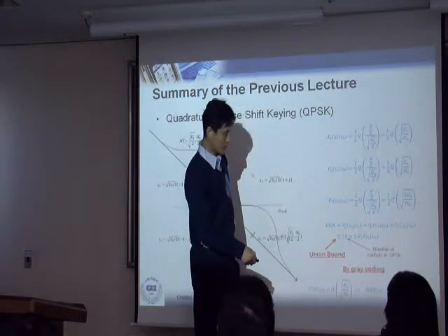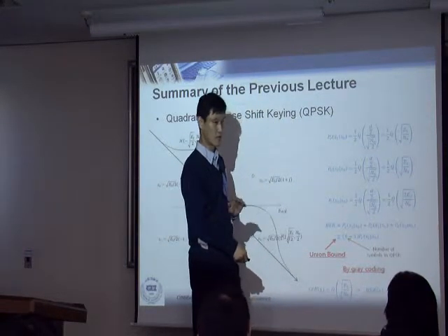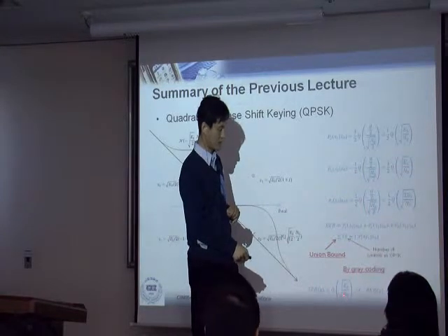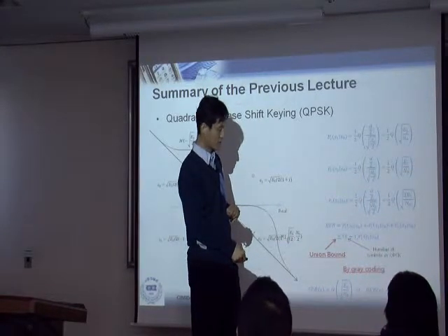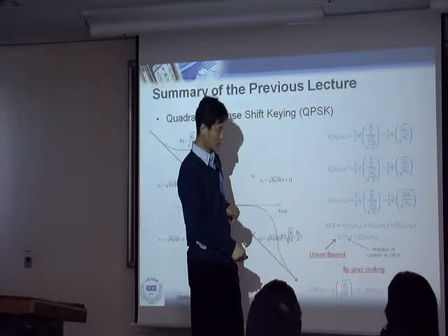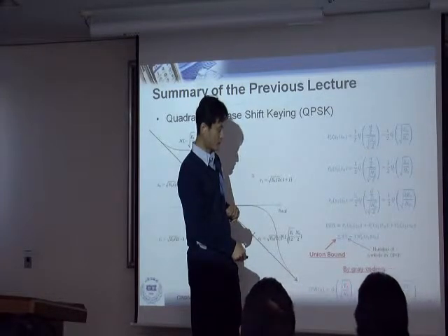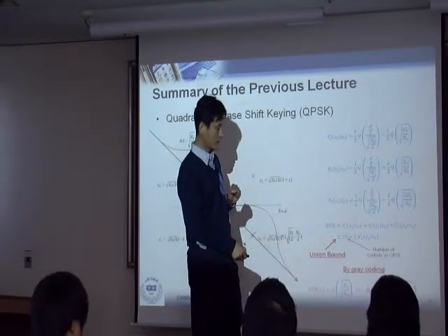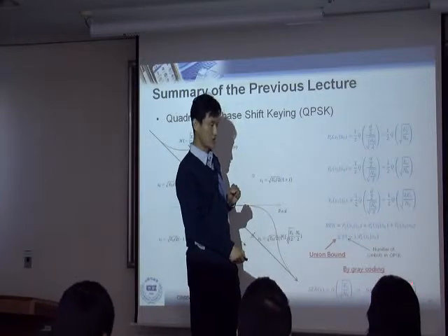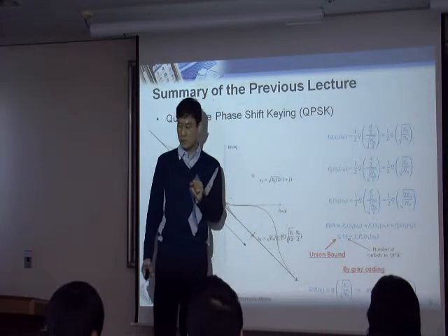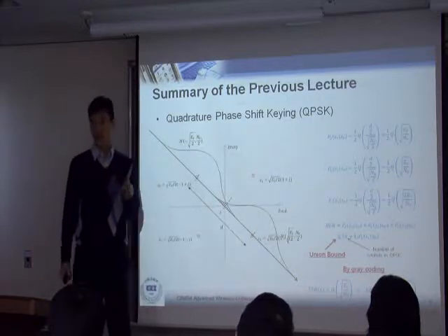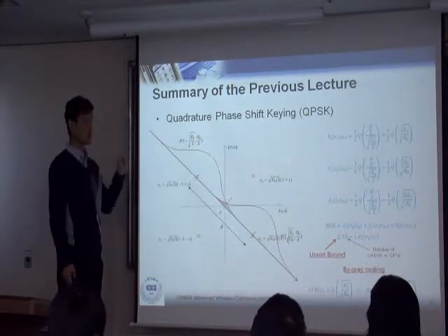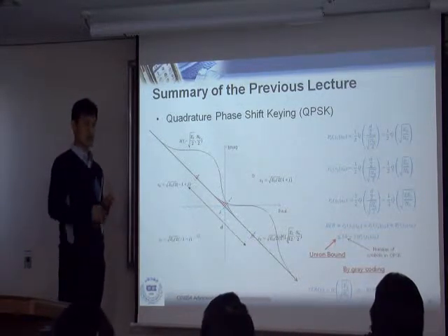We always use the same noise power. Noise power is the same regardless. But in the symbol error rate, we use the symbol energy, whereas in BER, we use the bit energy. So your symbol energy and bit energy are different for higher order modulation.